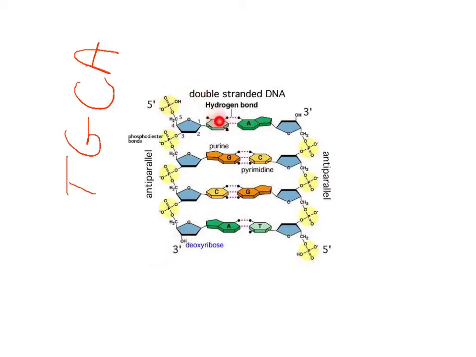So the 5' being T, the next one G, the next one C, and the last one A. Now they match up anti-parallel, so the 5' matches up with the 3', the 3' with the 5'. Now on the opposite side, it looks like it should be opposite, like if this is T, this is A, if this is G, this is C.